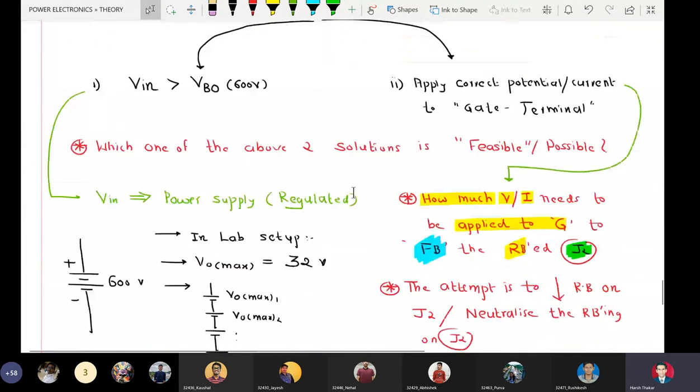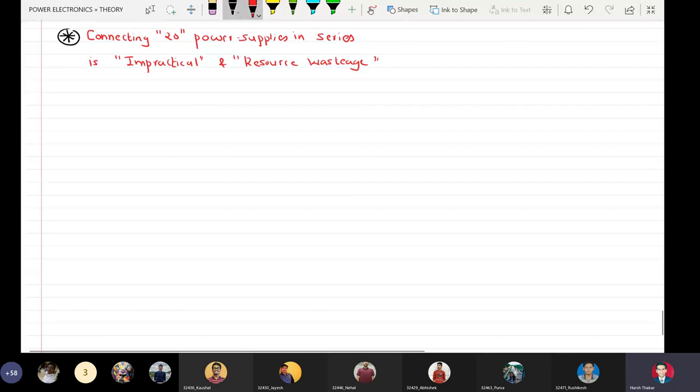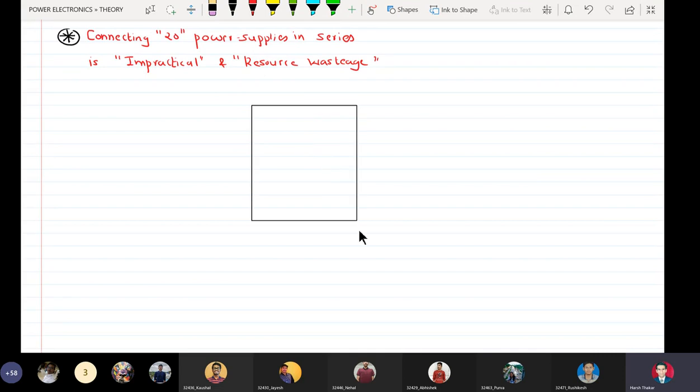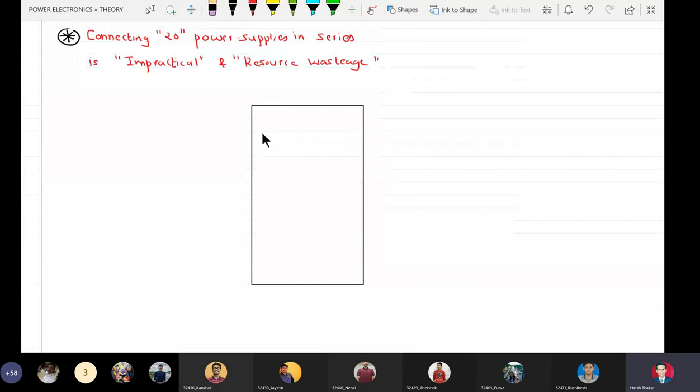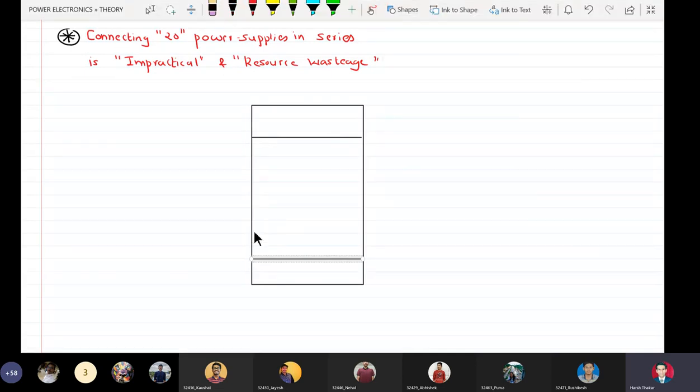Okay, so now let us draw the SCR again so we can better appreciate what we are talking about. The first layer, fourth layer, third layer. Okay, let us name them also.